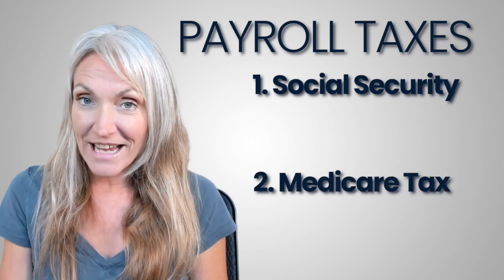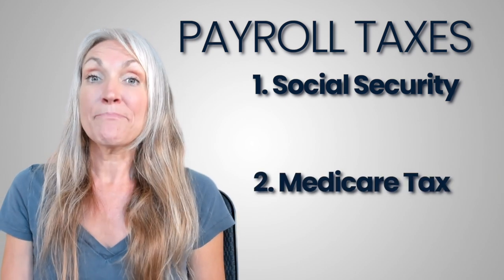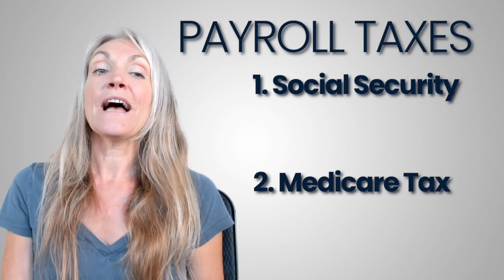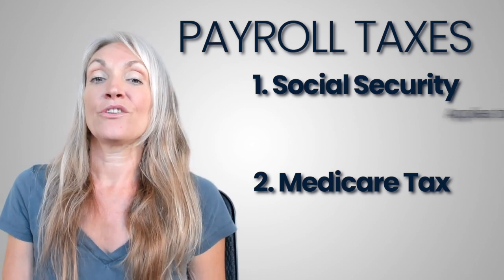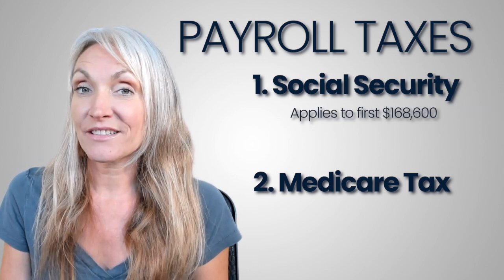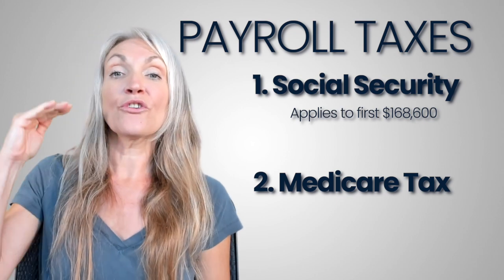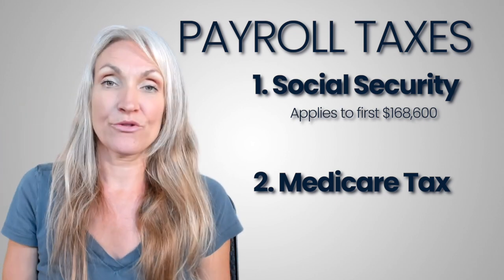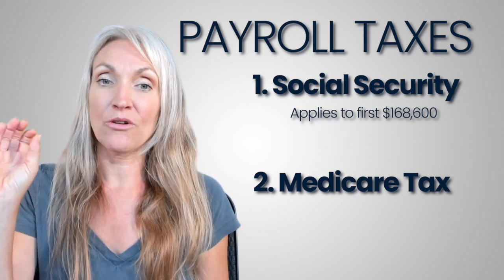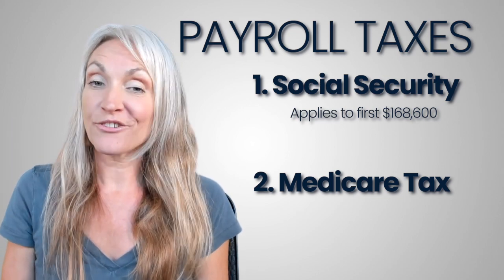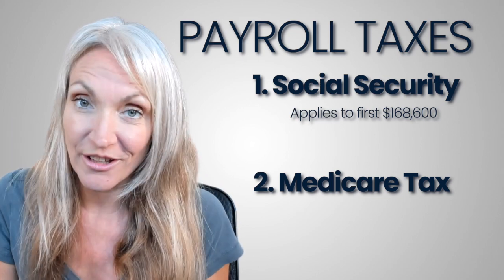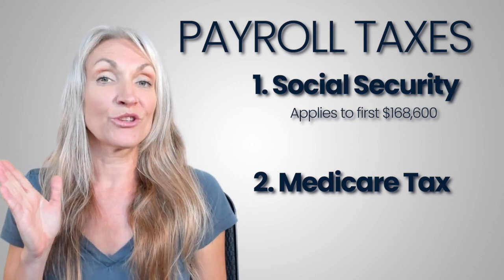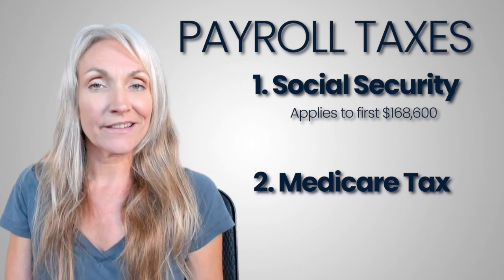Social Security tax, which is the bigger one, only applies up until $168,600. Once your income goes over that, you no longer have any Social Security tax. It's zero. So if you earned $168,601, there's no tax on the $1 that's over that limit.